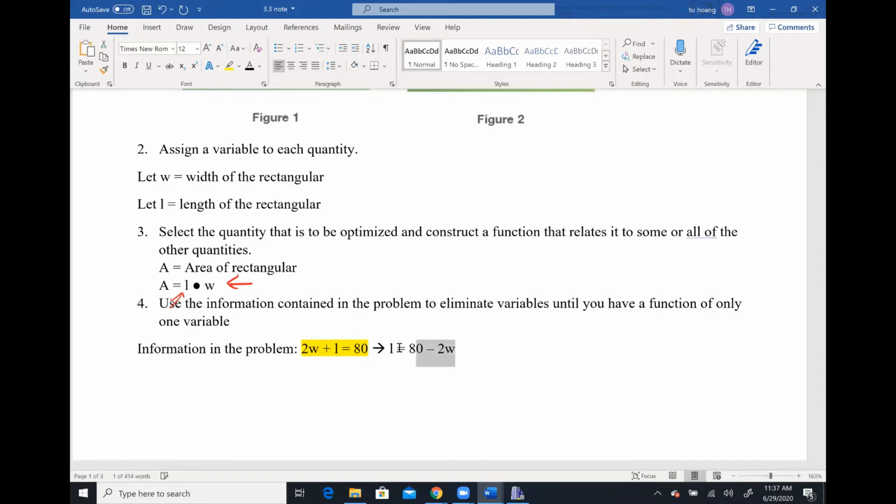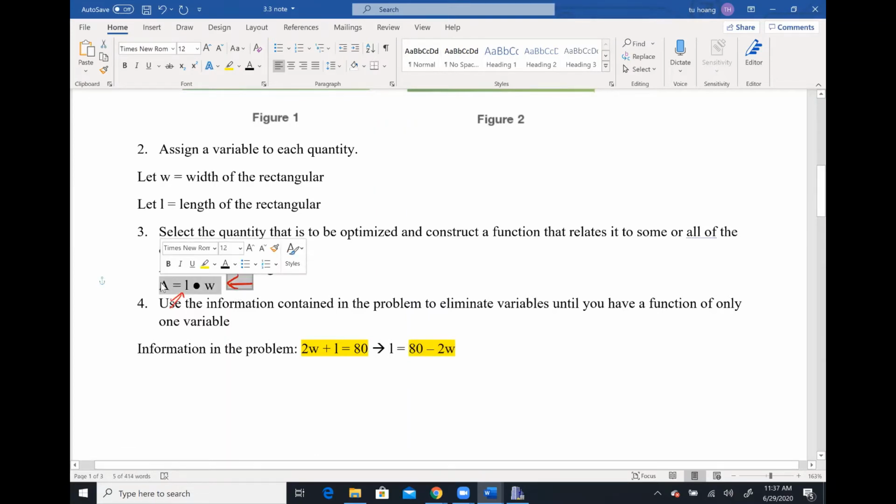And I'm gonna use this to substitute into the function that relates to all the other quantities. So I'm gonna copy this down.